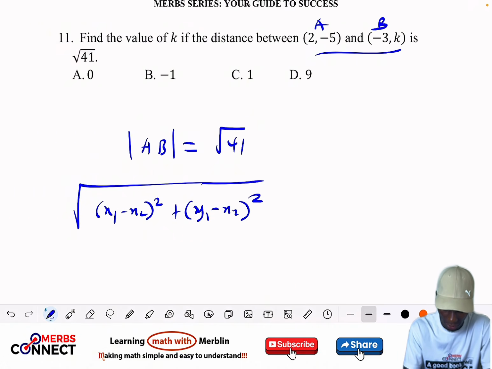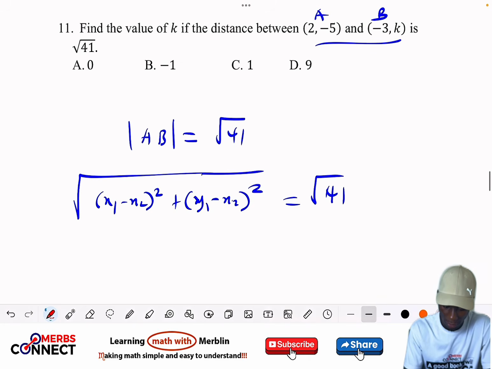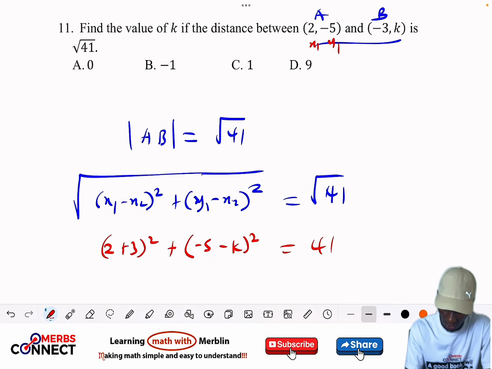Even though it's going to be the same, let's be consistent. So I'm going to square both sides. Let me pick this one to be x1, y1. So I'm going to have 2 plus 3 squared plus minus 5 minus k squared is equal to 41.